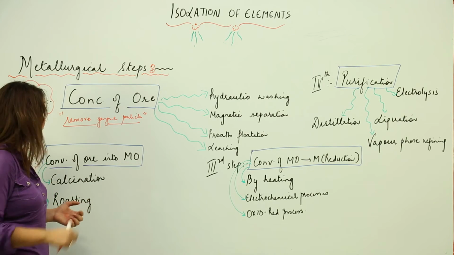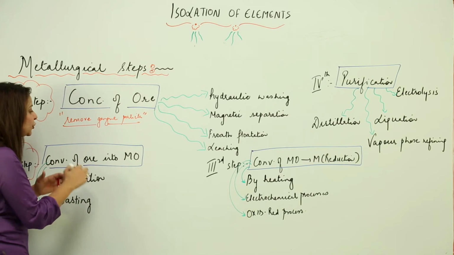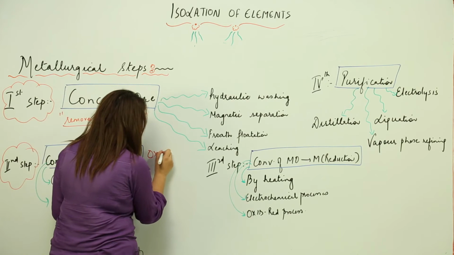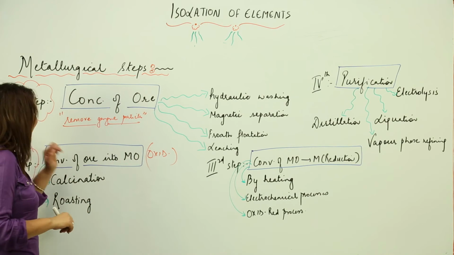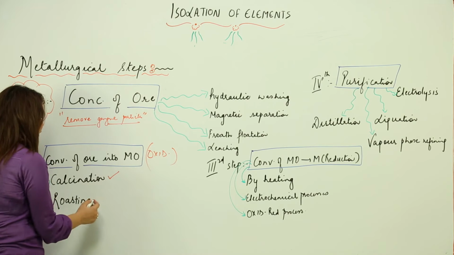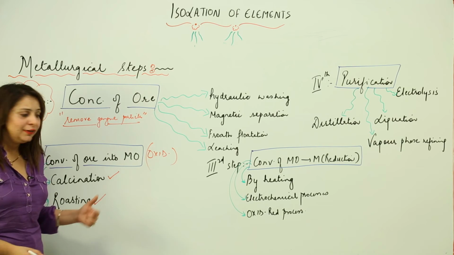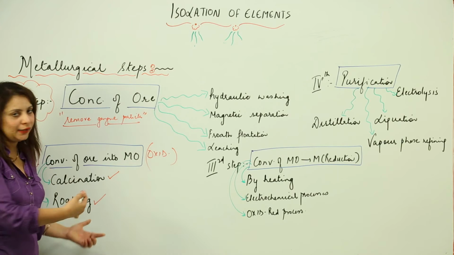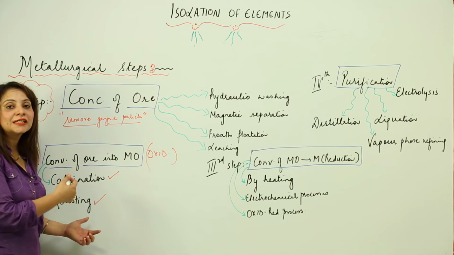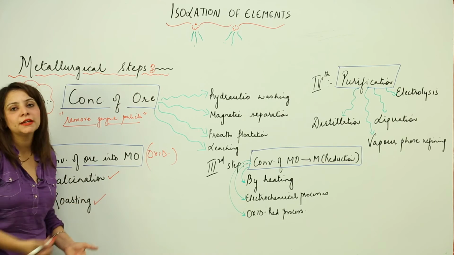Basically this conversion is called oxidation, because we are converting the ore into metal oxide. We can do it by calcination or by roasting. We'll take up later what these processes are.